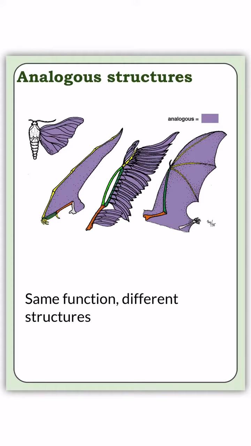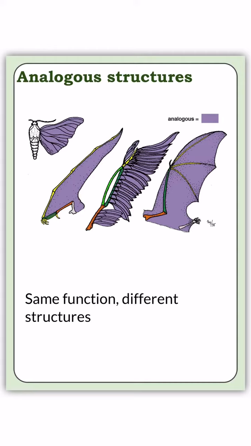We also have what are called analogous structures. These are similarities shared by distantly related species that may have evolved separately because they live in similar habitats or they serve a similar function. So these structures are analogous because they serve similar functions, but they've evolved independently.